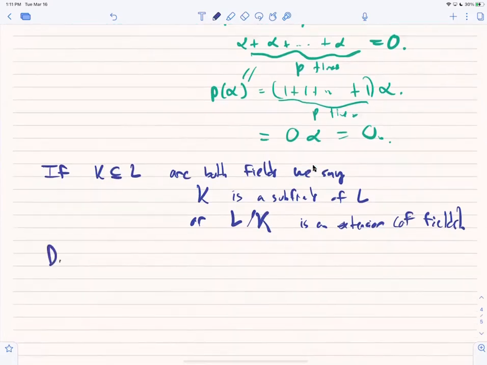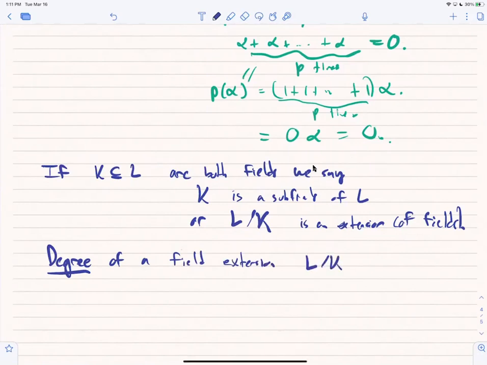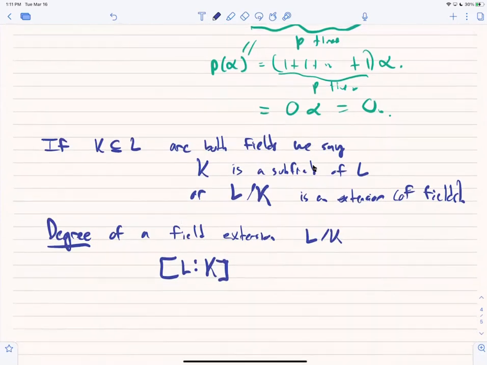And so the degree of a field extension L over K, we write it as brackets L colon K. It looks like a similar notation to the index of a subgroup, and that's not a coincidence.